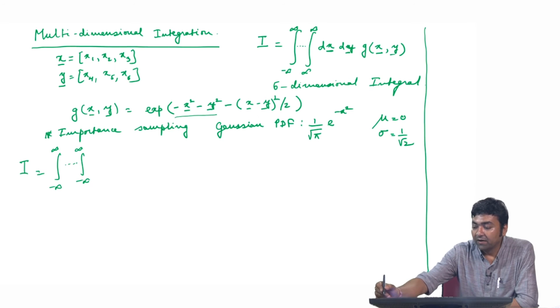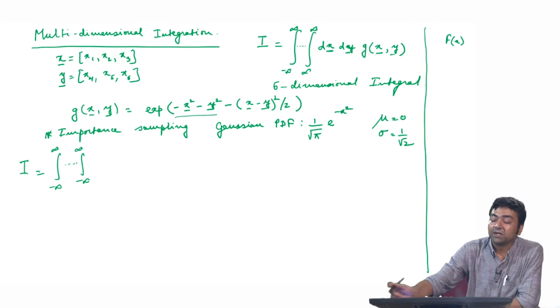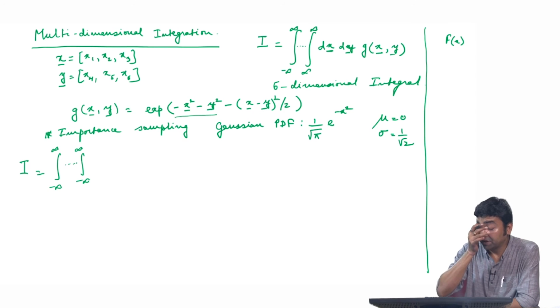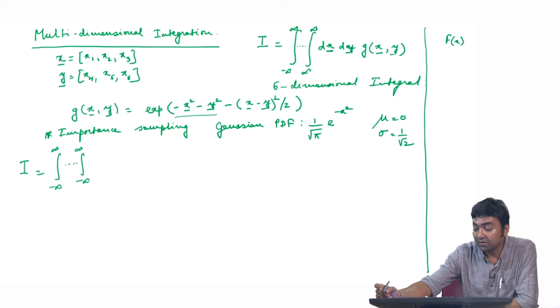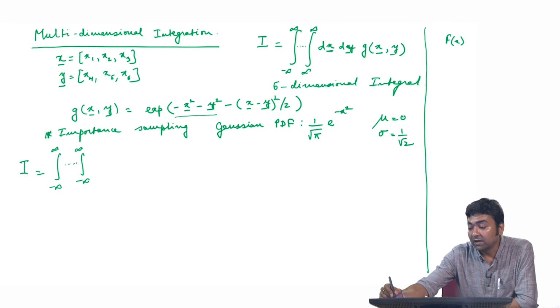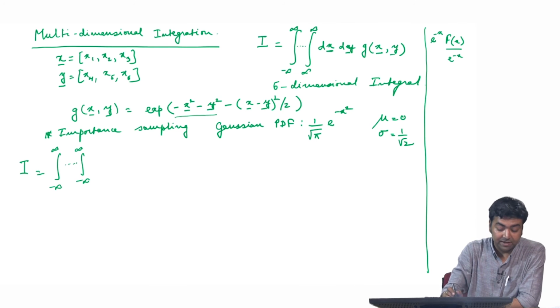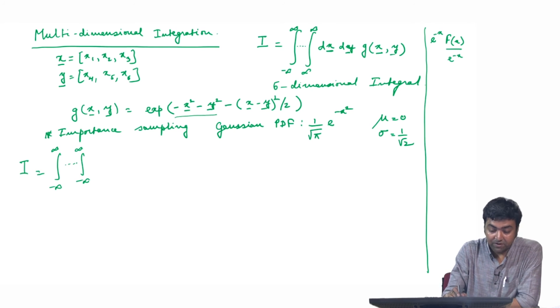If I have a function, say f(x), which has an exponential function or something similar to an exponential function, what I do is multiply it by e to the power minus x and divide it by e to the power minus x. That is precisely the same thing we are going to do here.